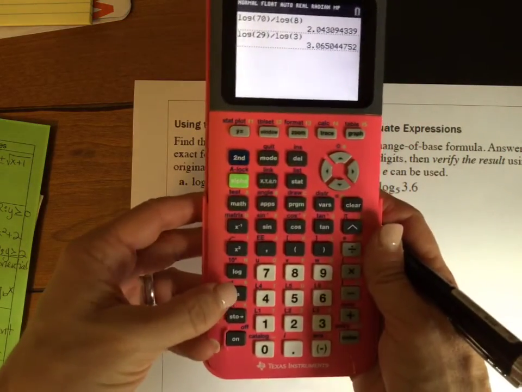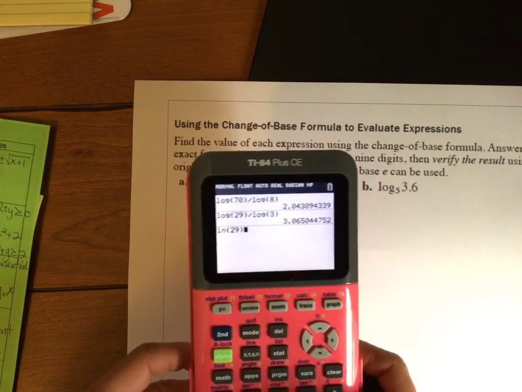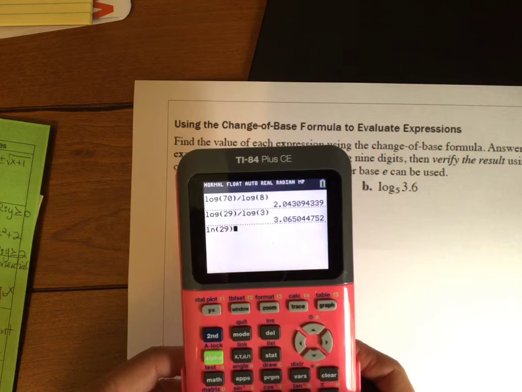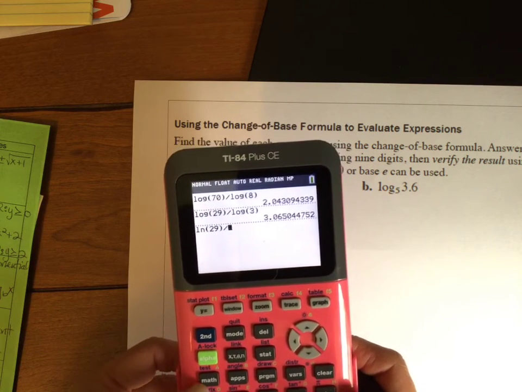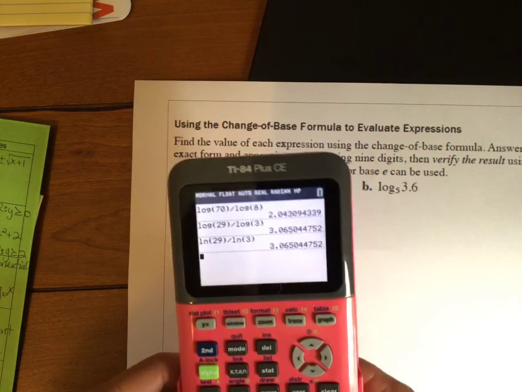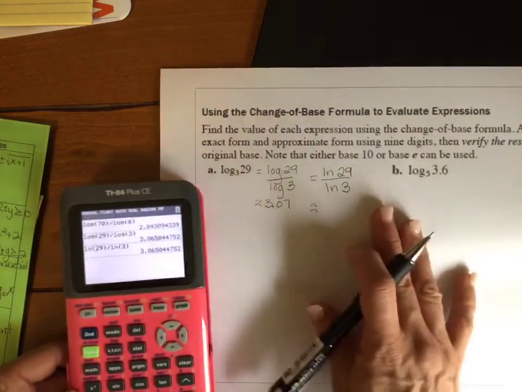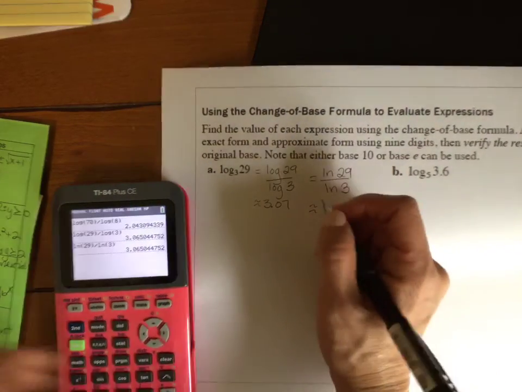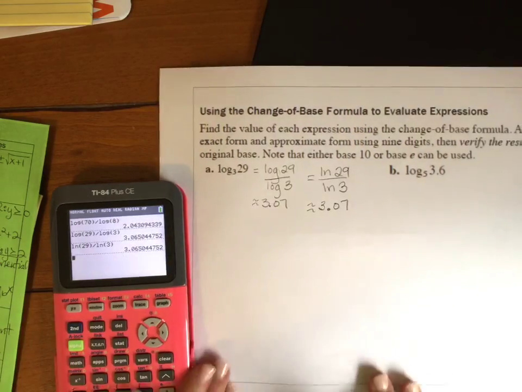So I'm going to be using ln this time. So natural log of 29, still important to include that parentheses. And then we want to divide that by the natural log of 3. And I can see I get the exact same value. So it doesn't matter as long as you're consistent. So again, this was approximately 3.07.